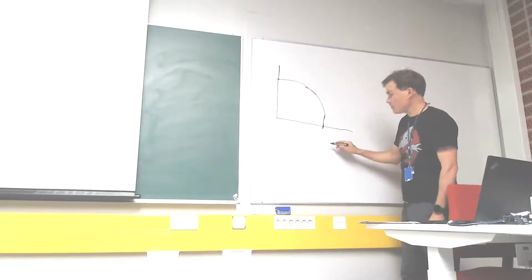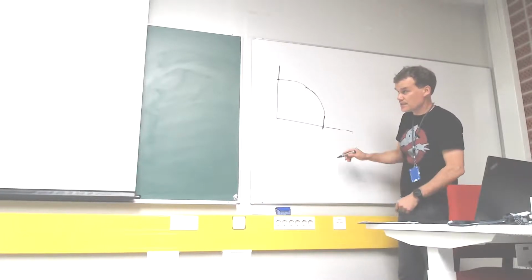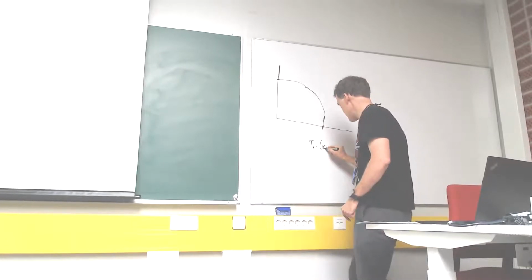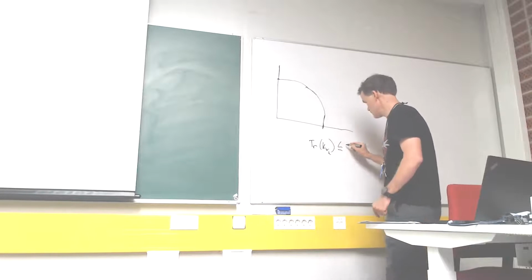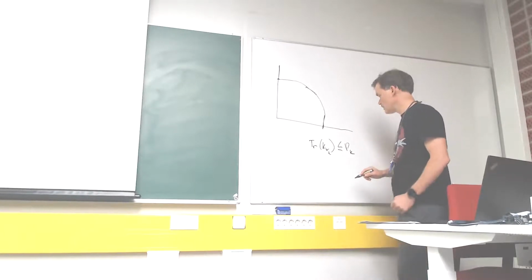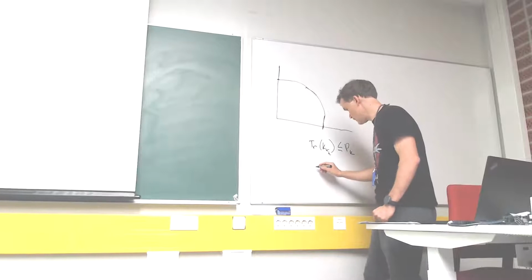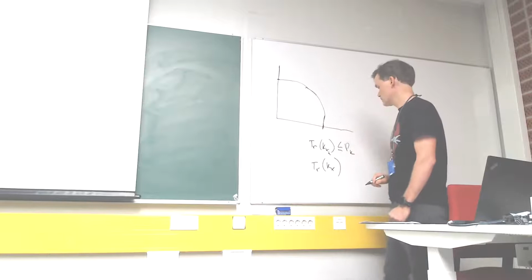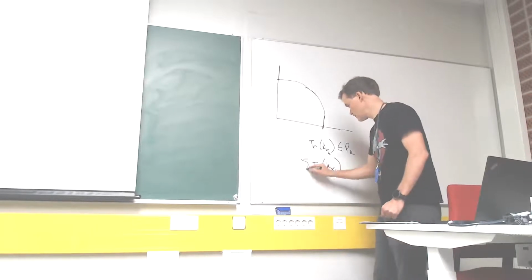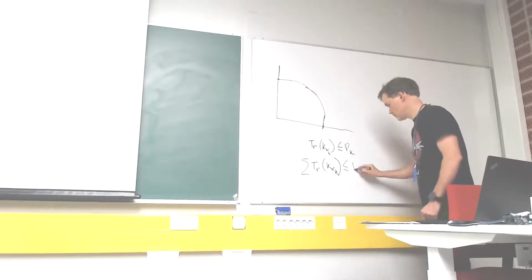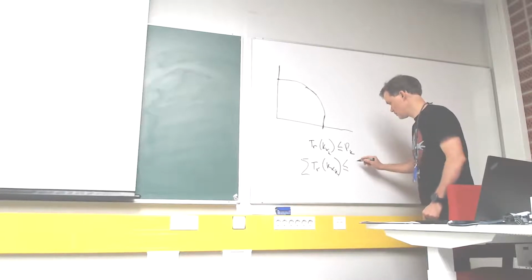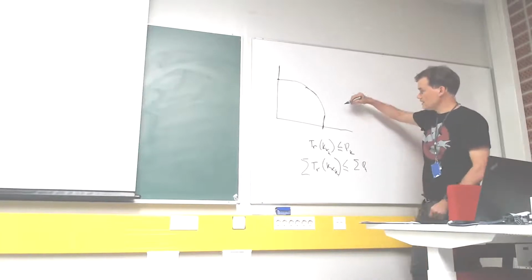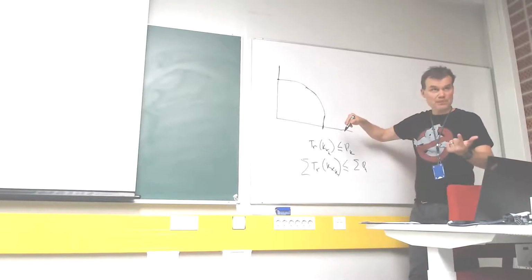Now, if we replace this user-specific power constraint with a total power constraint, for the two-user case we will have P1 plus P2.